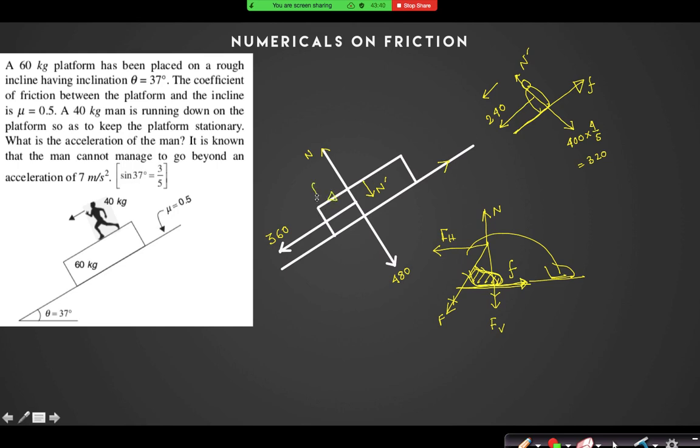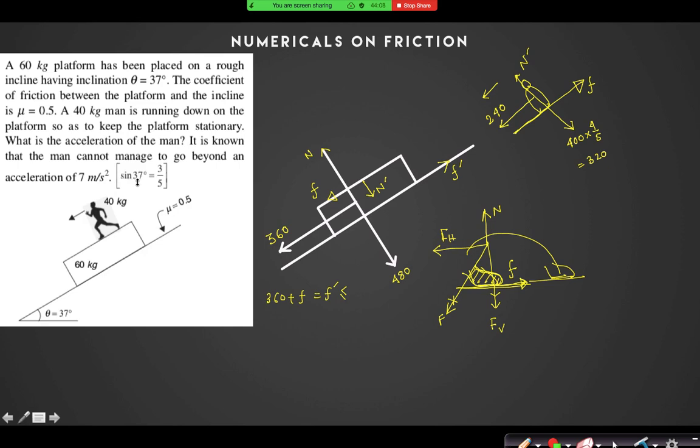And this is the friction, suppose F prime, between the platform and the ground. Now let us consider the free body diagram of that inclined plane, of that platform. Can I say 360 plus F is equal to F prime? Now what is the maximum value of F prime? 240.